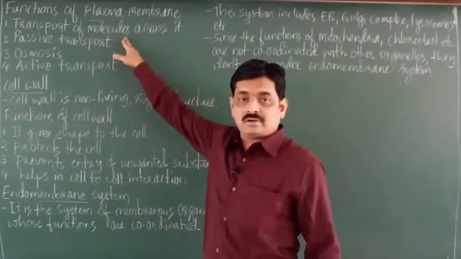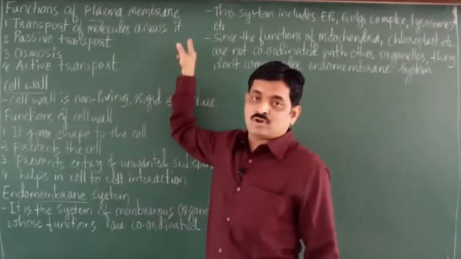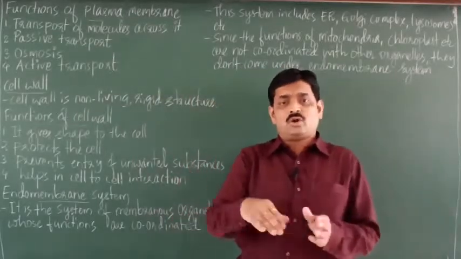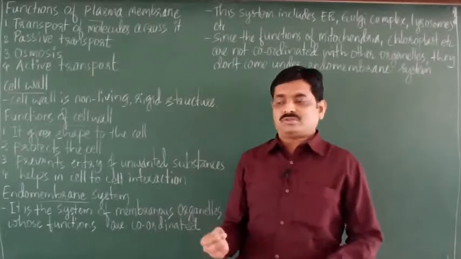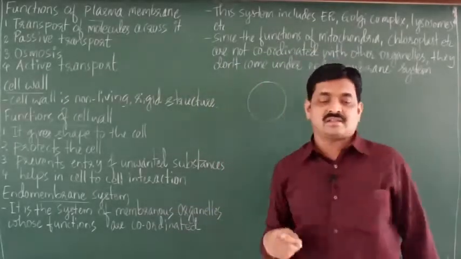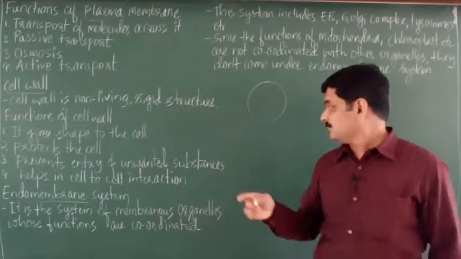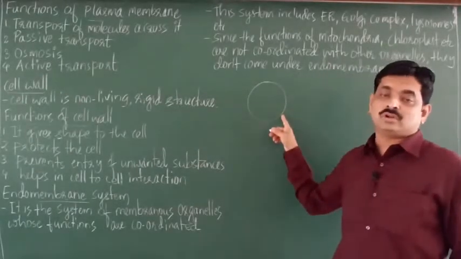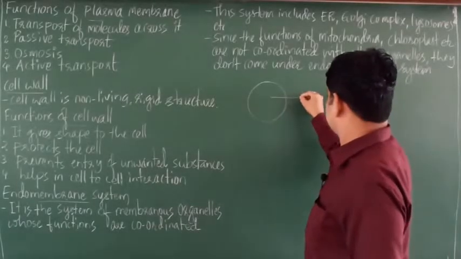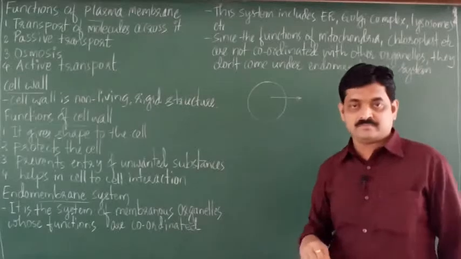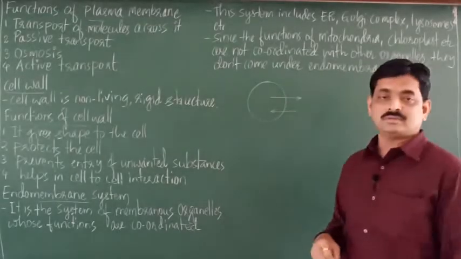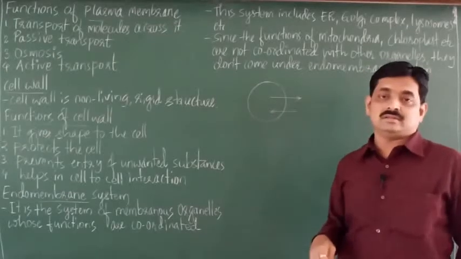So it helps in transport of molecules across it. Across it means whether in or out, right? So here, imagine this as the cell and this is the cell membrane or plasma membrane. Substances move out of this cell or move inside this cell.